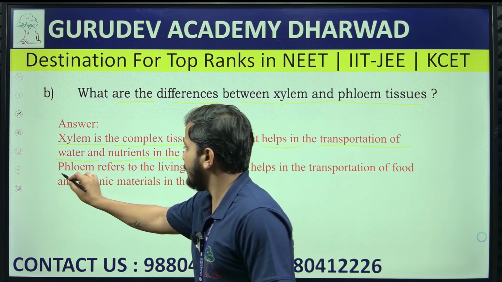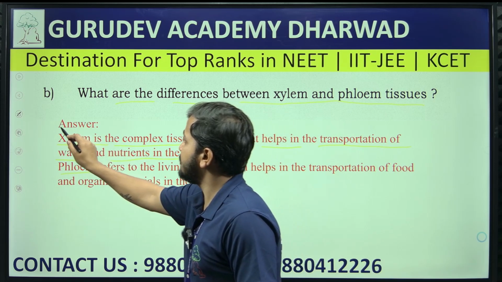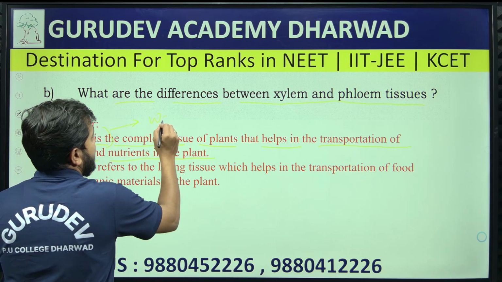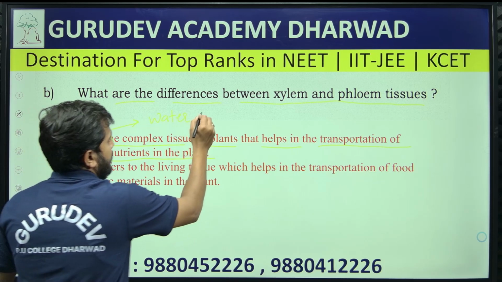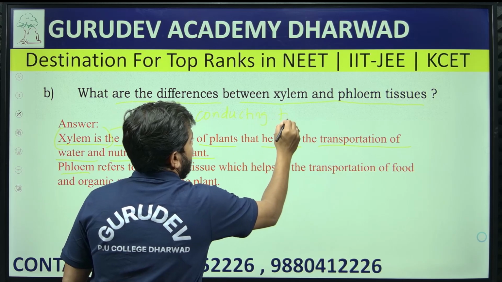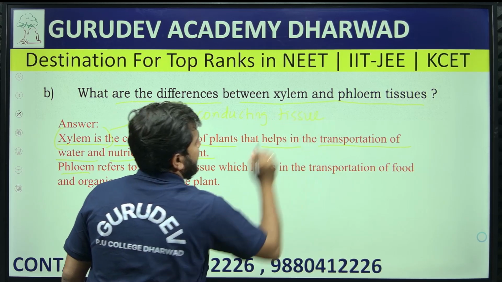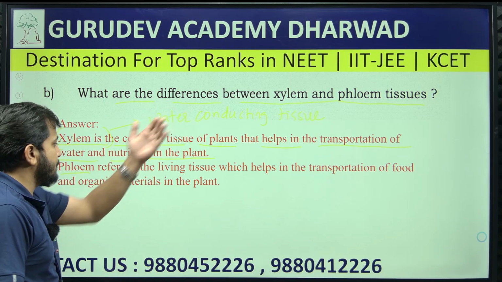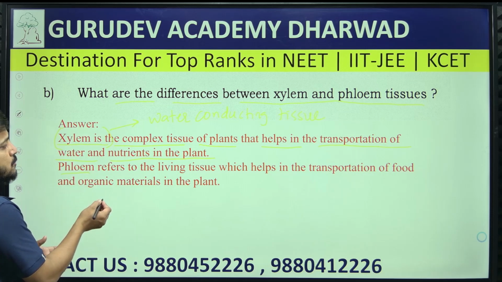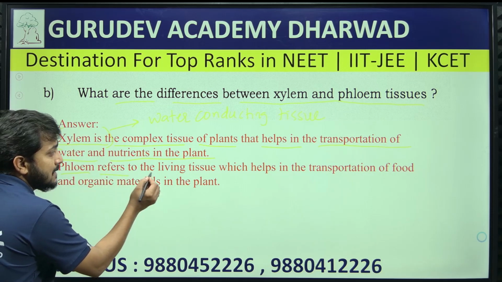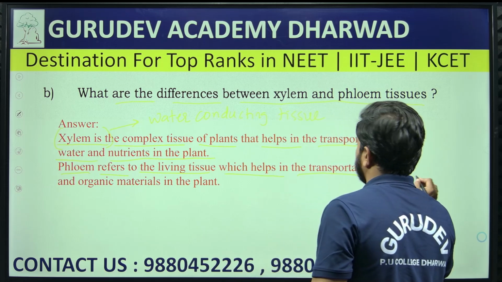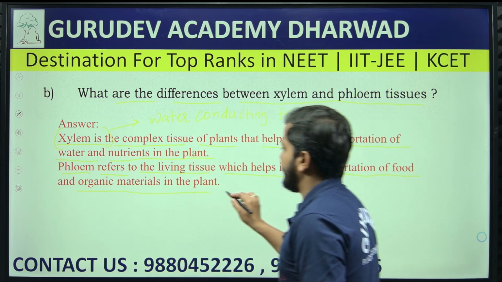Orally we can call xylem the water conducting tissue, which helps in the transportation of water as well as nutrients in the plant. Then phloem refers to the living tissue, which helps in the transportation of food and organic material in the plant.